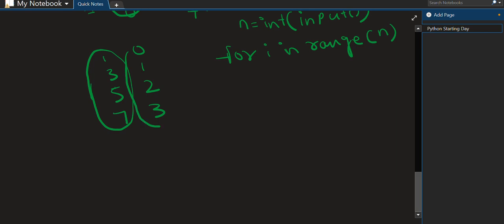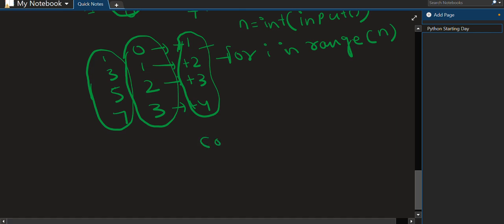Using these values we will get how many stars we are going to print. For this add 1, plus 1, this one plus 2, this one plus 3, this one plus 4. If you see this, it is increasing by 1 every time. Then what we do is take another variable like count.